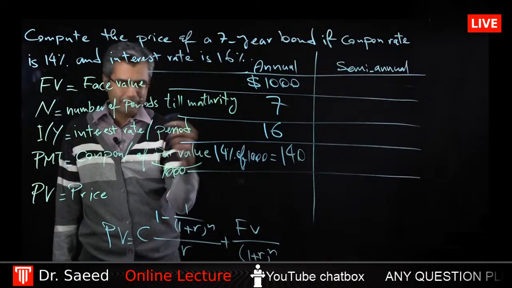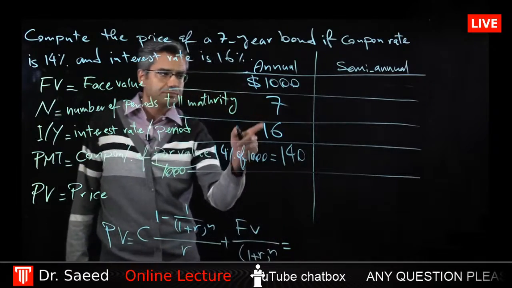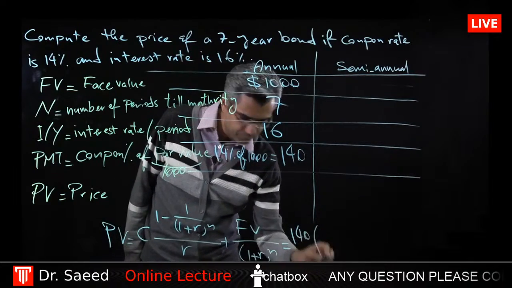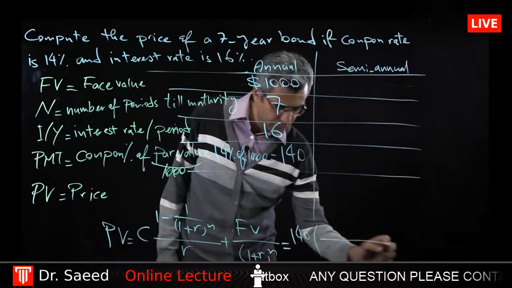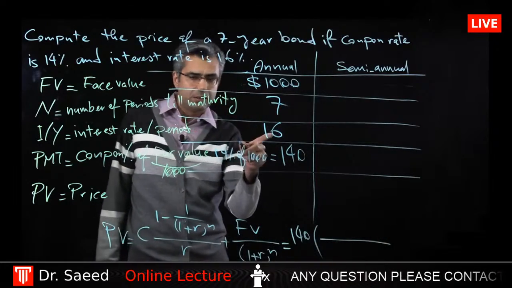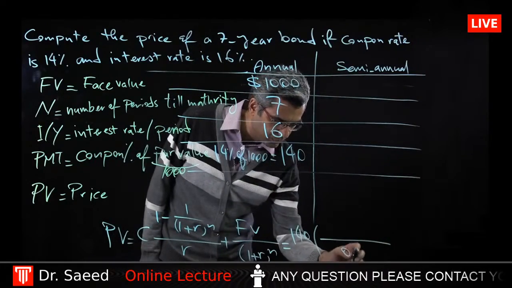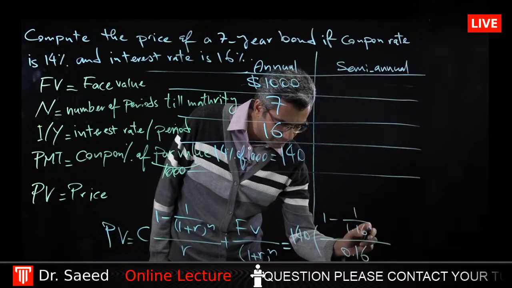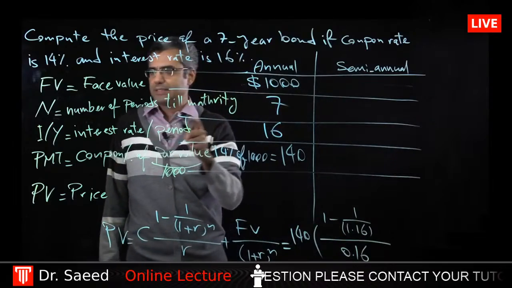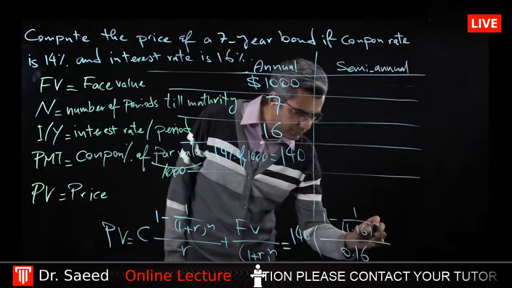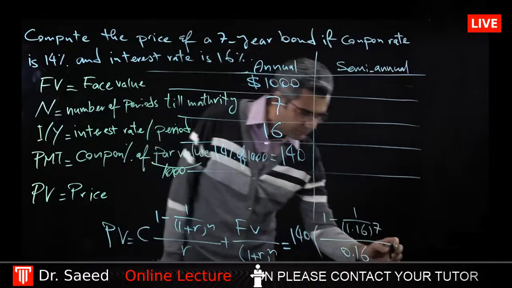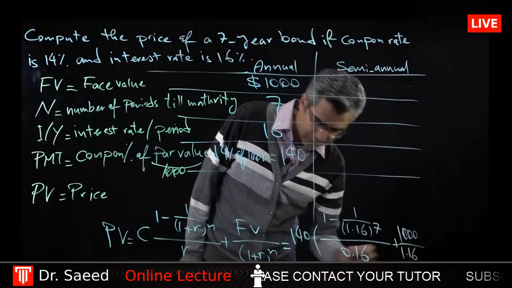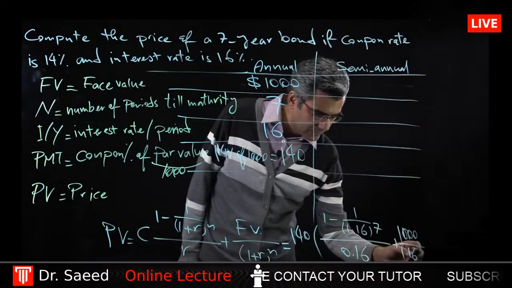So C is actually the payment. So it will be 140, then interest rate is 16%, so 0.16. Then 1 minus 1.16, and the power is how many periods till maturity? 7 periods, or 7 years in this case, plus 1,000 divided by 1.16, and power is 7.